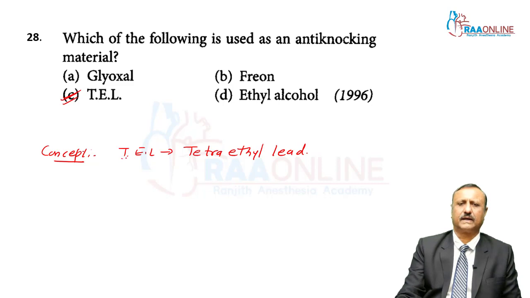My dear students, tetraethyl lead is called TEL, and the formula is Pb(C2H5)4. When this tetraethyl lead is added in the petrol, the knocking of the petrol decreases, so it is called an anti-knocking material or agent.